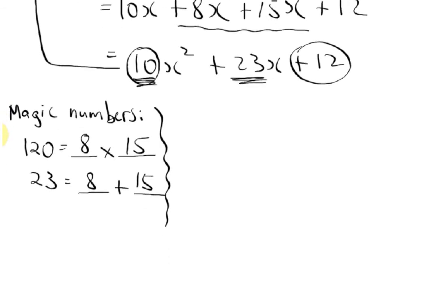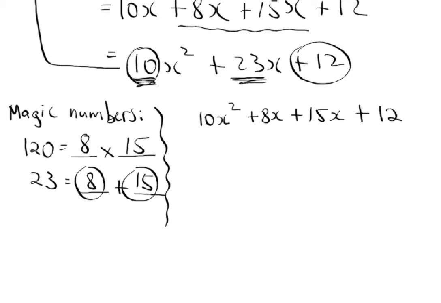All we have to do now is follow the following steps. We rewrite the trinomial, leaving the first term and the last term alone. But we change the plus 23x using our magic numbers. Okay, so instead of writing plus 23x, we write plus 8x and plus 15x. And it doesn't matter which order you put these numbers.